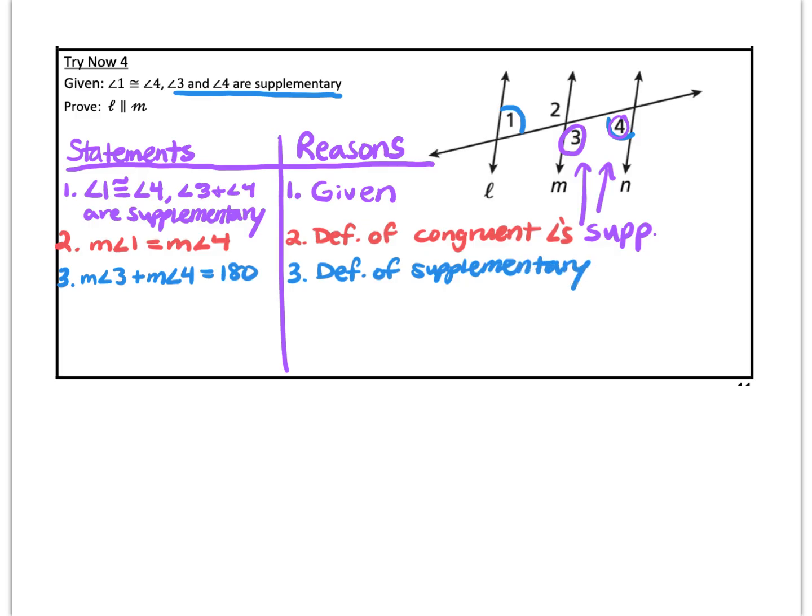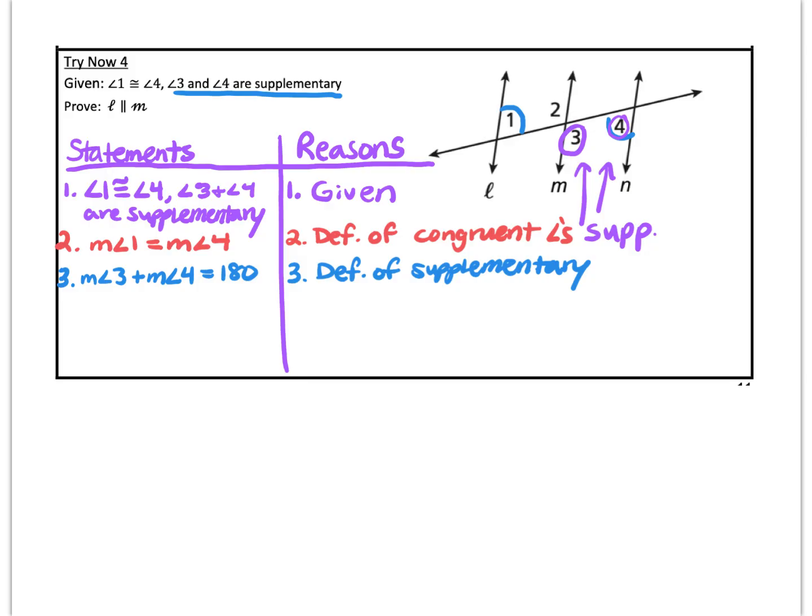Okay. So my goal is to end up with L parallel to M, and right now I don't have enough information. Like, I would be able to say that L was parallel to N right now because 1 and 4 are corresponding. Let's see if we can bridge the gap, because eventually I want to have these two lines right here parallel.